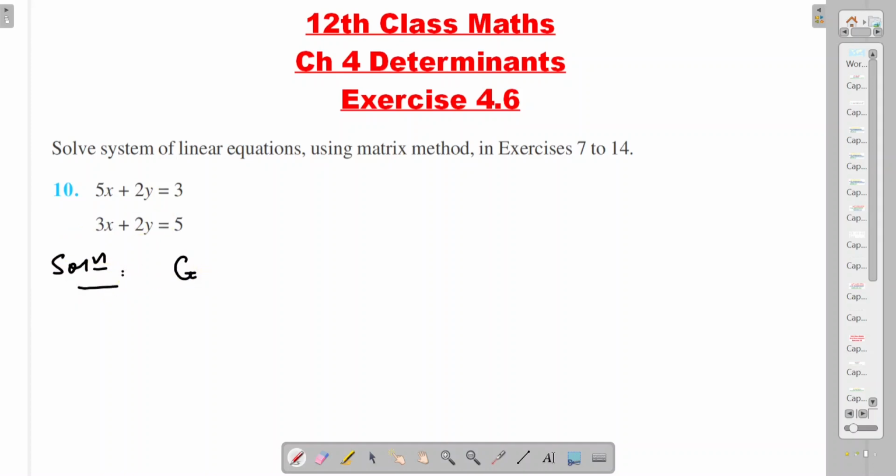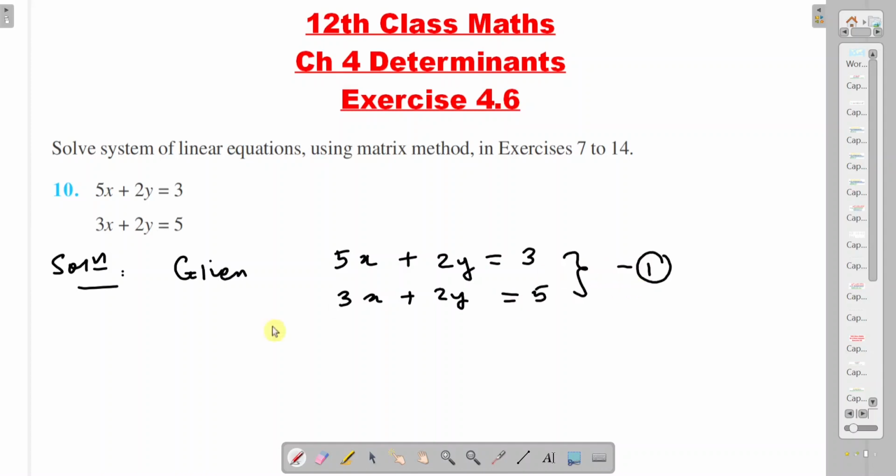Given is the system of equations: 5x plus 2y equal to 3, 3x plus 2y equal to 5. Let us call this system 1.